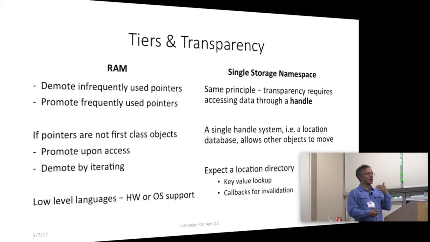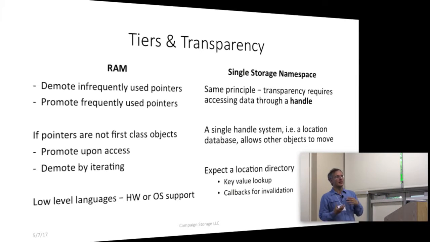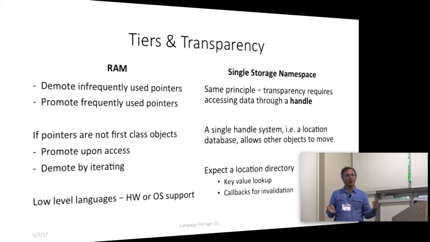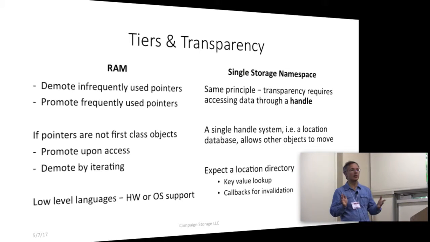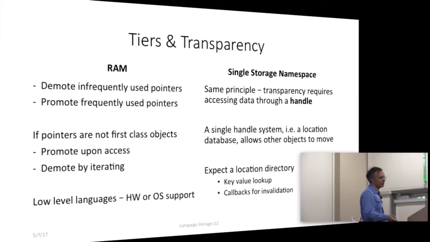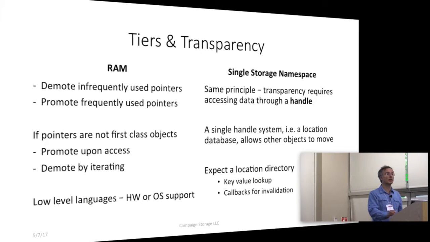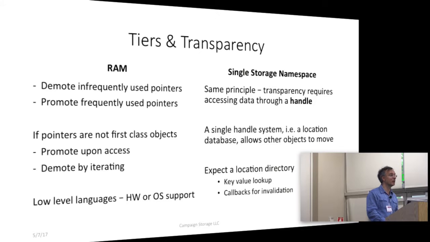The location database has to tell you, look somewhere else, it has moved. What is beautiful about this is that a single directory that can offer this transparency can be reused for many purposes. Distributed log managers did that in the past, and things like Redis and so on are beginning to do that in the cloud frameworks.